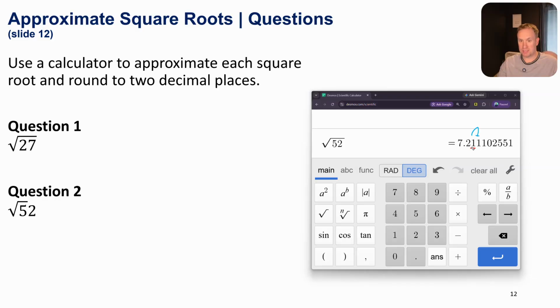So in this case, we have a 1 in the hundredths place and a 1 in the thousandths place. So we're rounding down to 7.21. So our answer for this would be 7 and 21 hundredths.